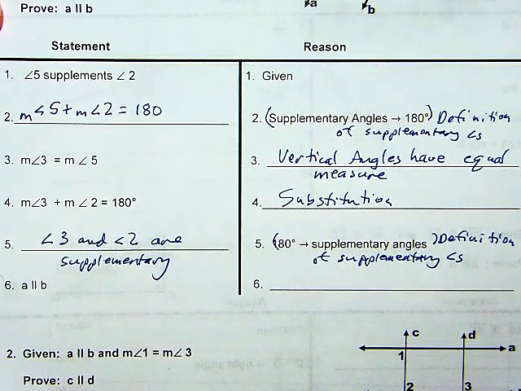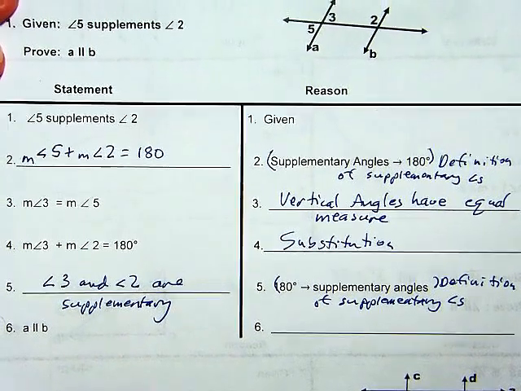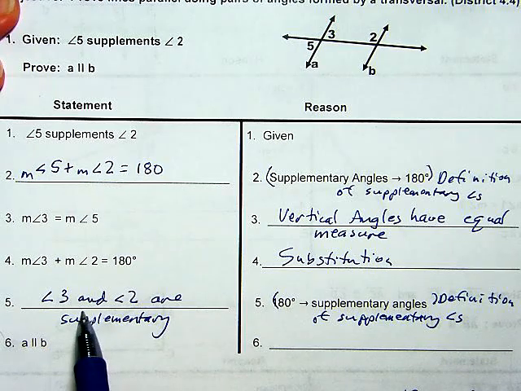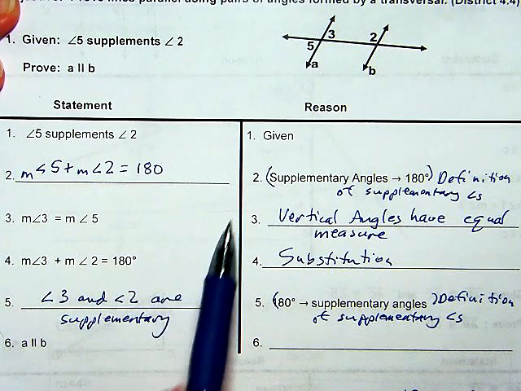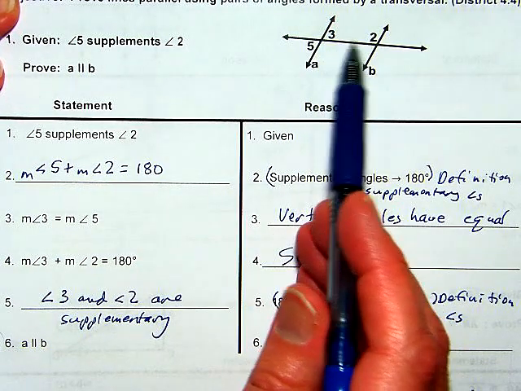And then finally, we are concluding that A is parallel to B. Well, how can we conclude that? We said earlier we didn't know that. Well, now by doing what we've done, we've gotten up to the statement that angle 3 and angle 2 are supplementary. These are same side interior angles.